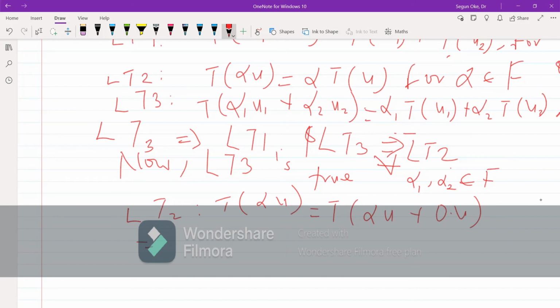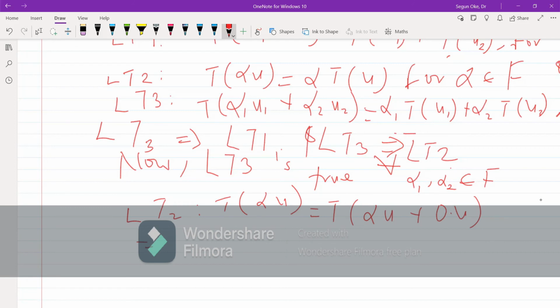But because of what we are working on and where we are moving to, we need to bring this to the board. We know that anything raised to power 0 is 1. So that is the method we are trying to apply here, just so that we can get to the root of the matter.